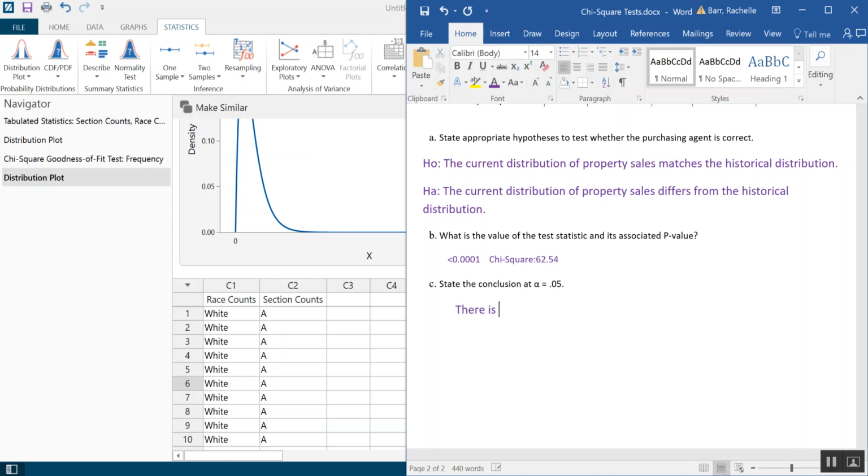There is very strong evidence that the current distribution of property sales differs from the historical distribution.